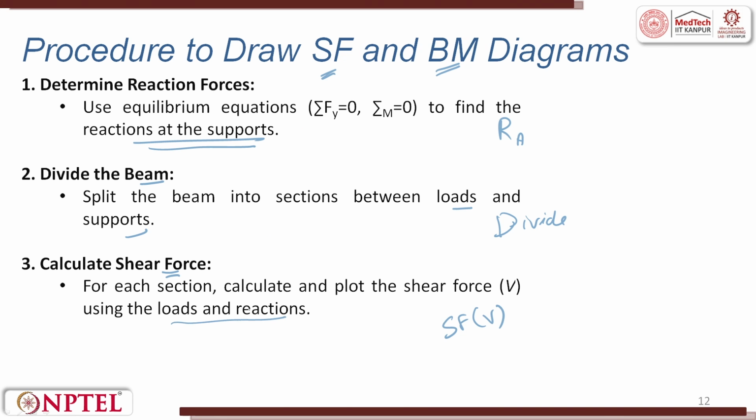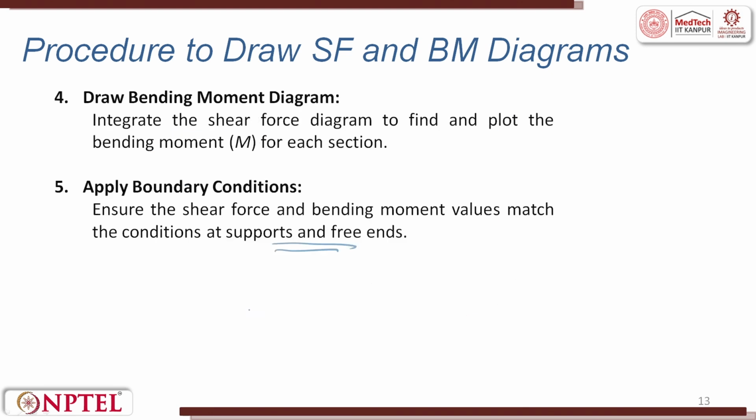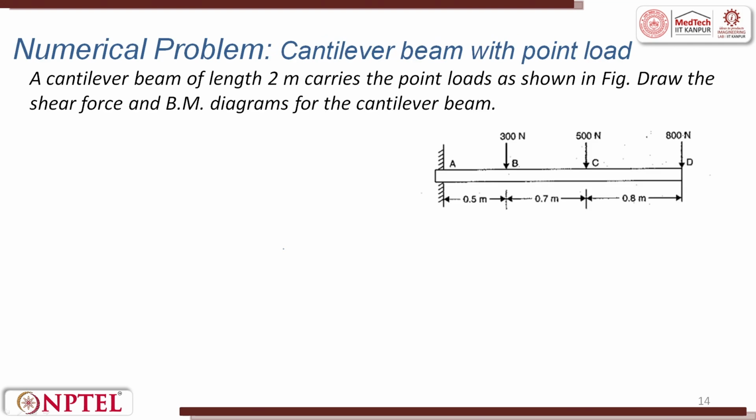Fourth, integrate the shear force diagram to find and plot the bending moment diagram. The last one is to apply boundary conditions and match the conditions at supports and free ends. So, these are the 5 steps you have to follow for drawing a bending moment and a shear force diagram.